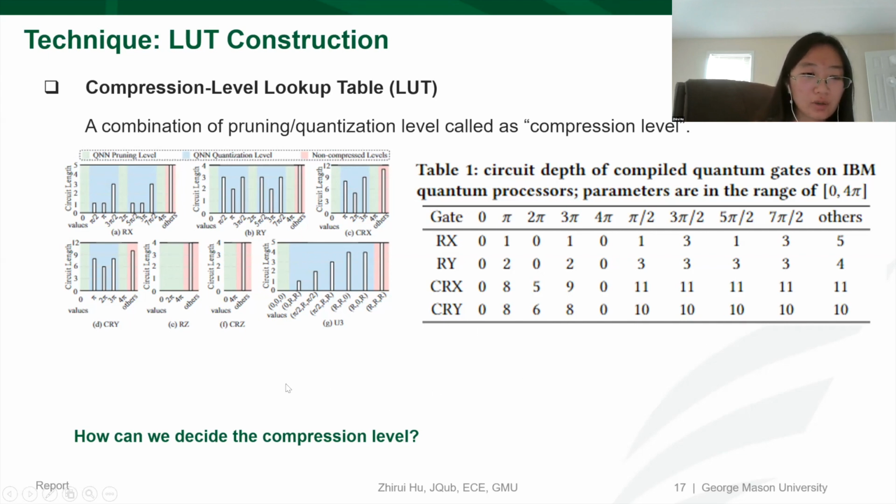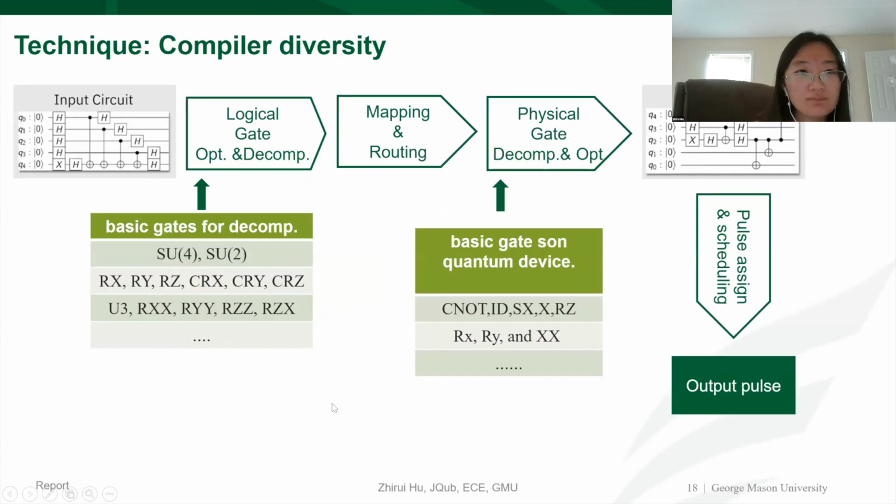And here is a problem. How can we decide the compression level? Because the compression level is due to the quantum compiler, each step can be a step in the compiler, and in each step we can do some work.